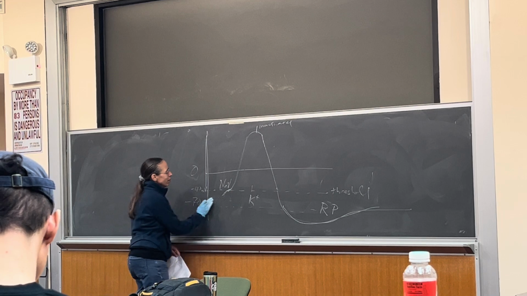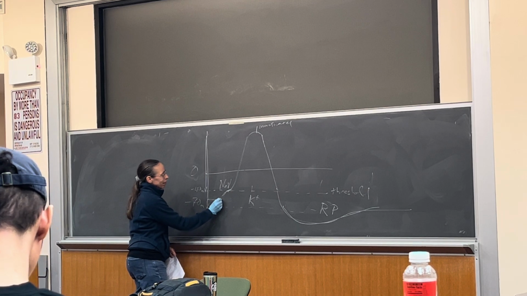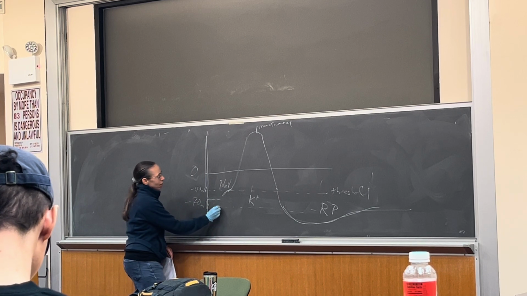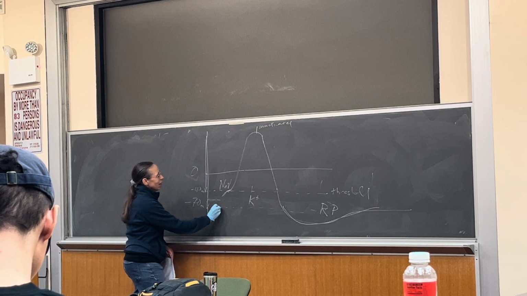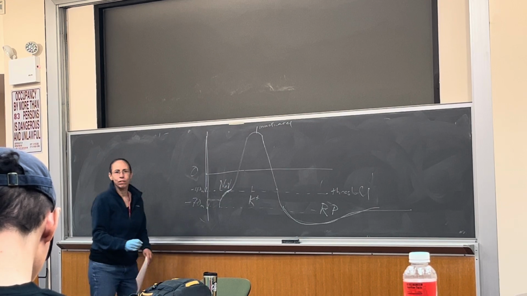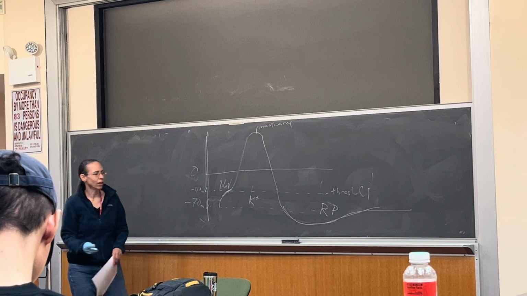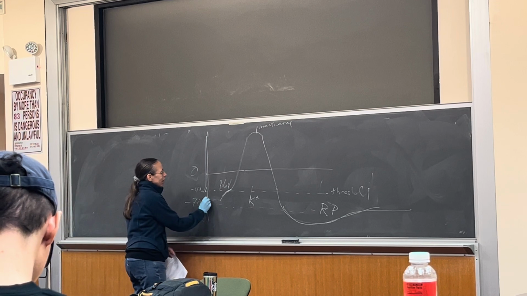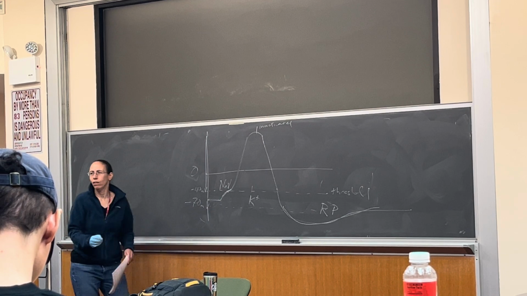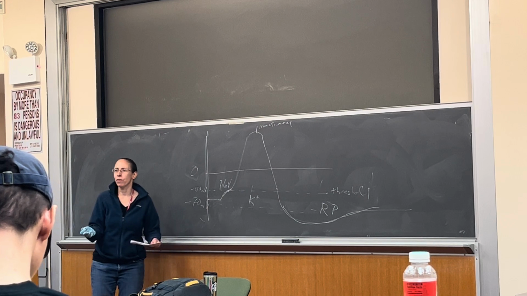So if the resting potential rises to here, instead of having to go from -70 to -40 to generate an action potential, now you're gonna be going from like -60 to -40. So it's gonna be easier to generate an action potential.